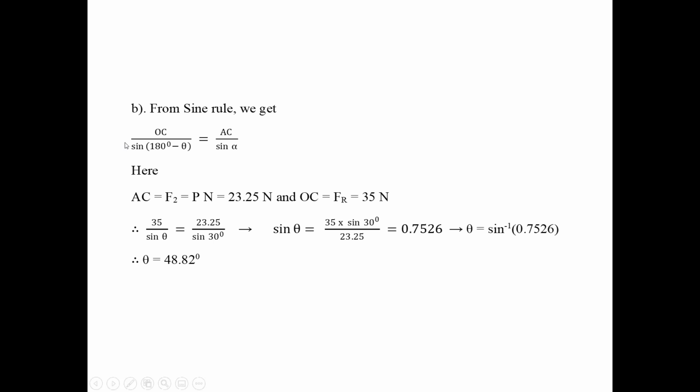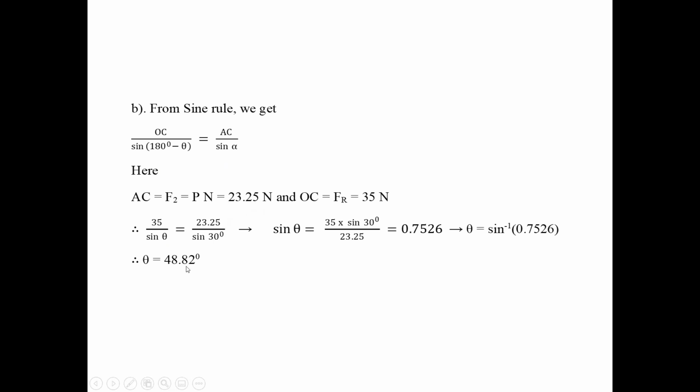So substitute these values in this sine rule. OC is 35 Newton, so 35 divided by sine 180 minus theta, which is plus sine theta. So 35 divided by sine theta is equal to AC, that is force P, 23.25, divided by sine alpha, where alpha is 30 degrees.